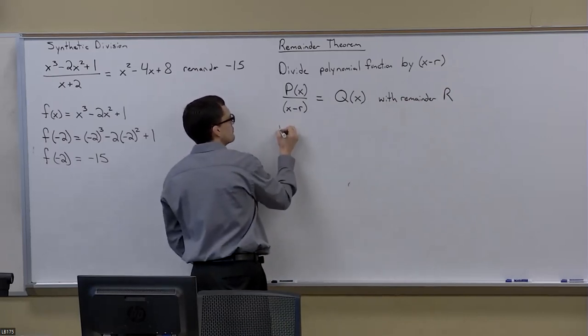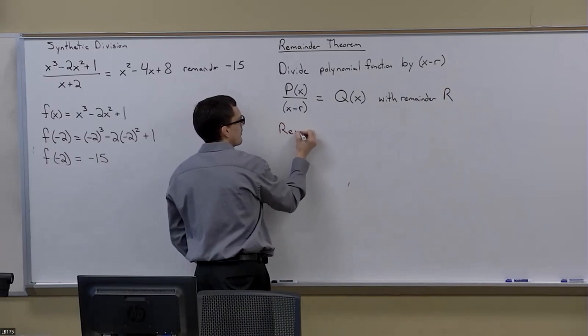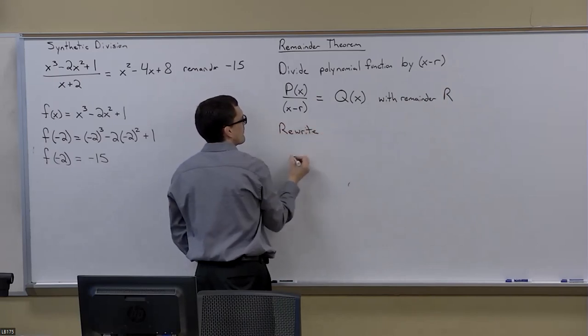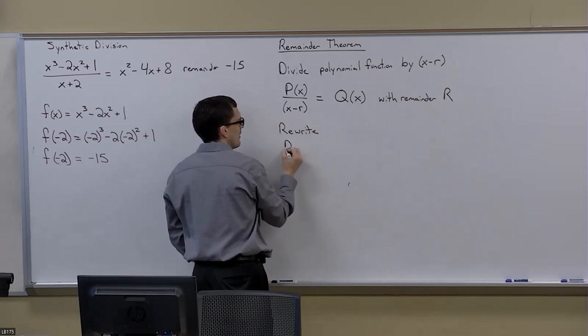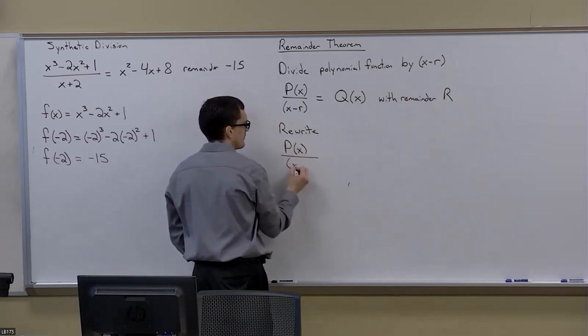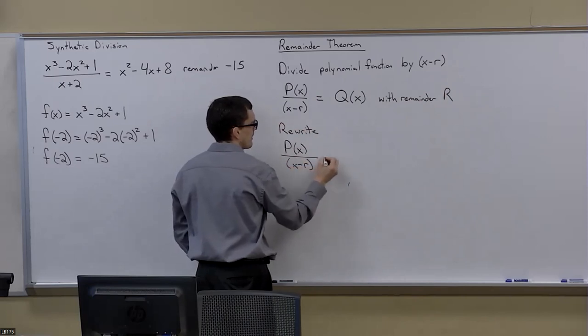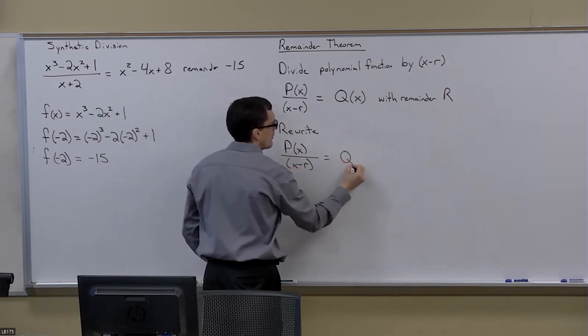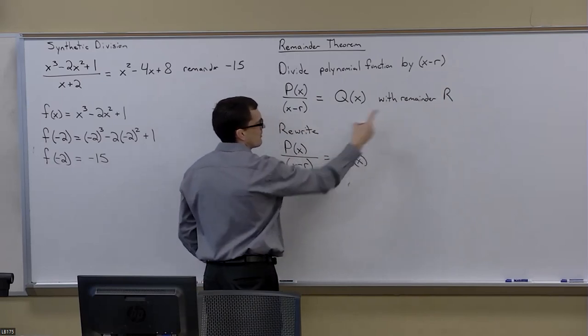Now I'm going to do two rewrites. The first rewrite we saw in our last class. What does a remainder of R really mean?